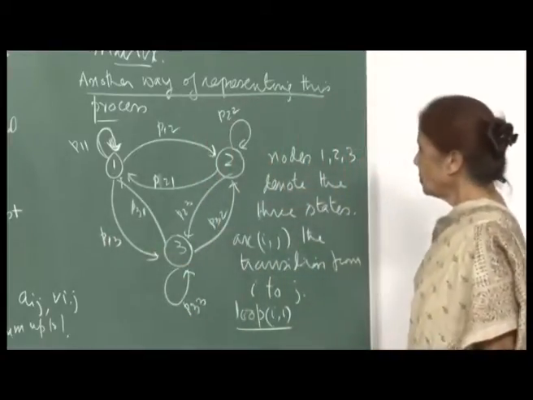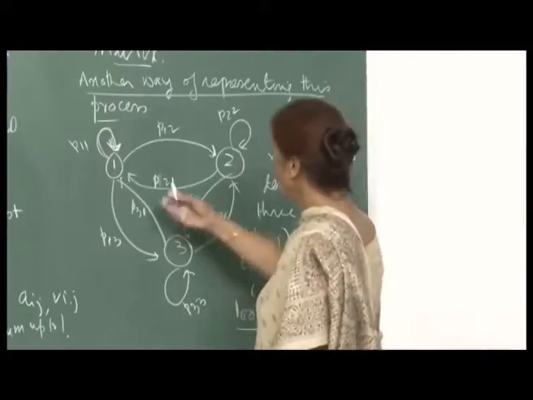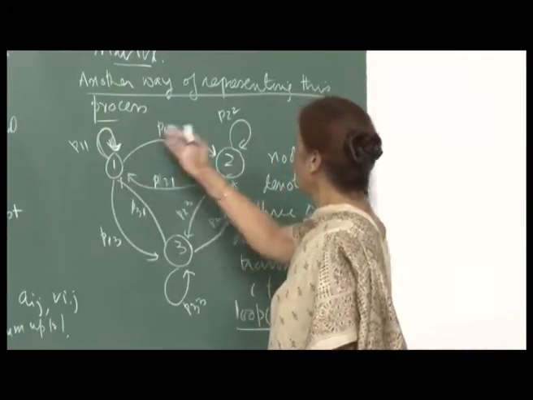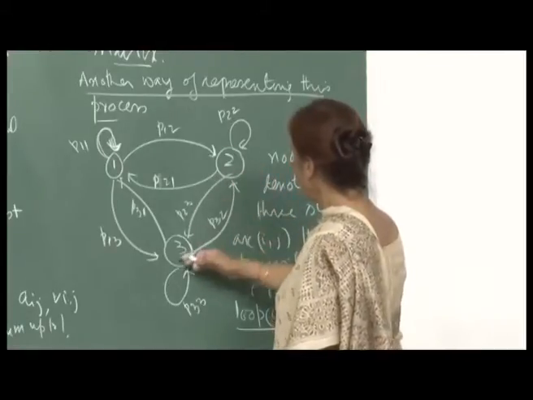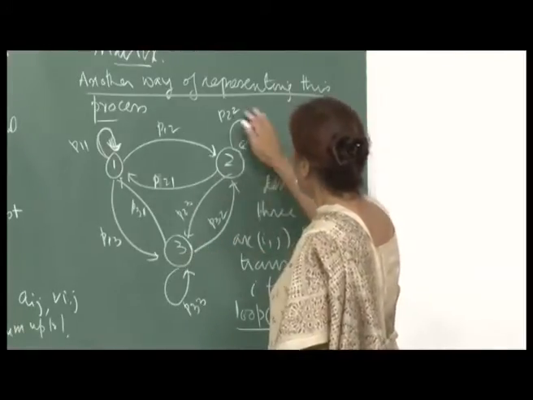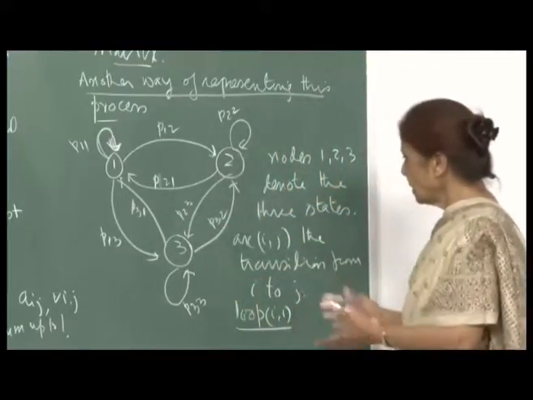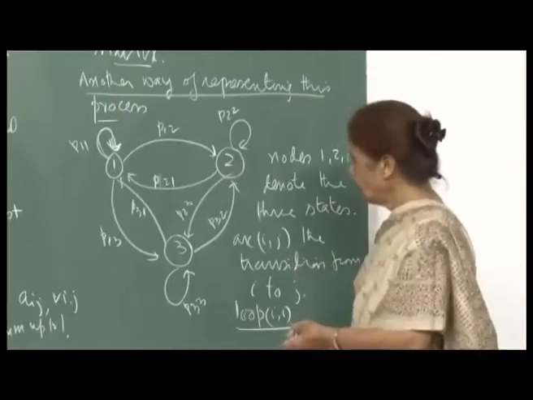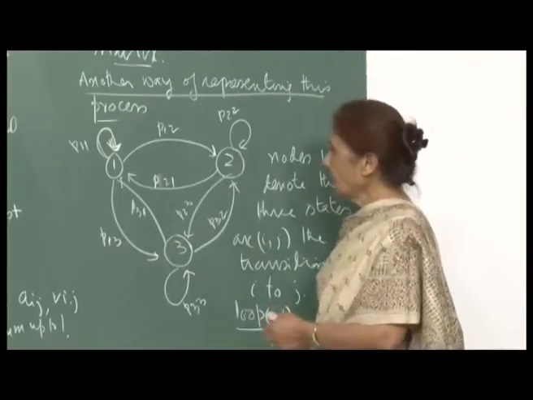So, this diagram also helps you to see that currently you can transition from, for example, 1 to 2, then you can go from 2 to 3, you can come back to 2, or you can go from 2 to 2. So, you can play around and see how the transitioning is taking place.